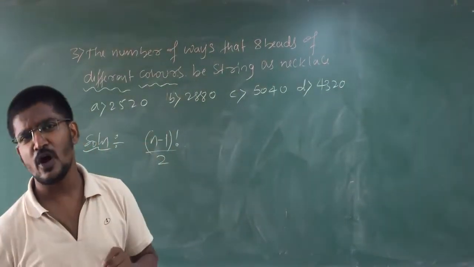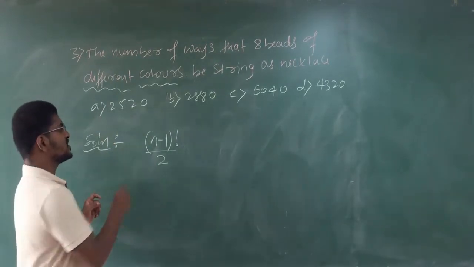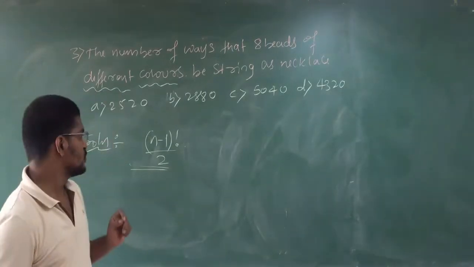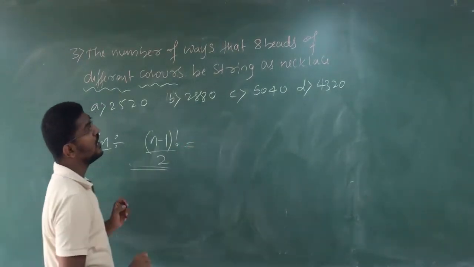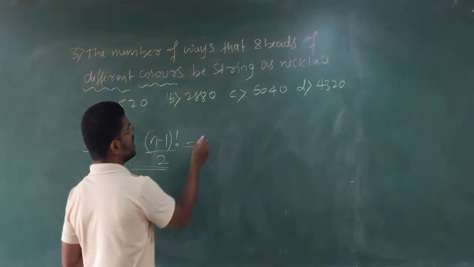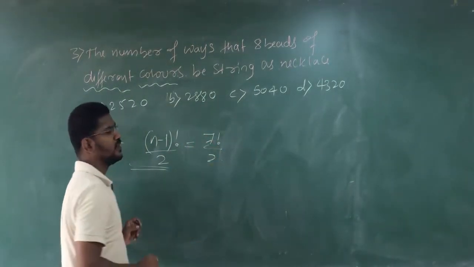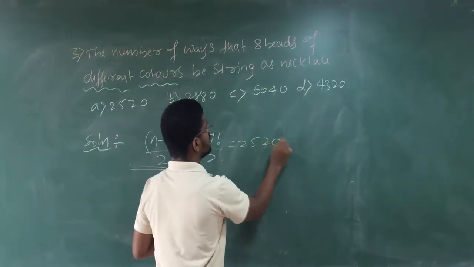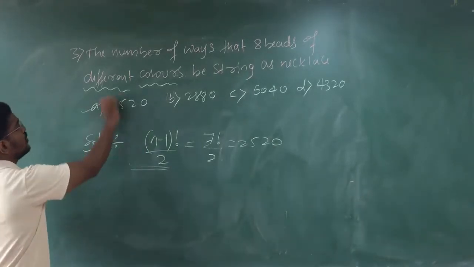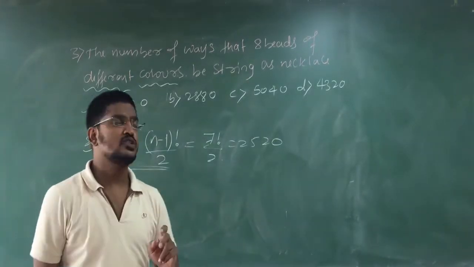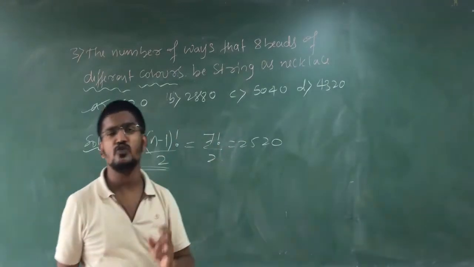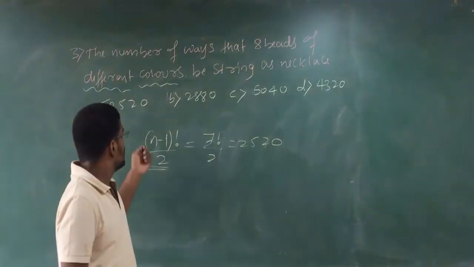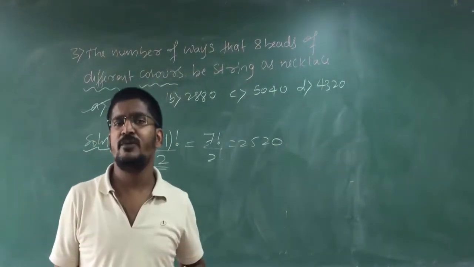So n minus 1 factorial divided by 2 means here 8 beads, 8 minus 1 is 7 factorial divided by 2, which is nothing but 2520. Clear? So here your answer will be 2520 because this is a problem on a necklace.